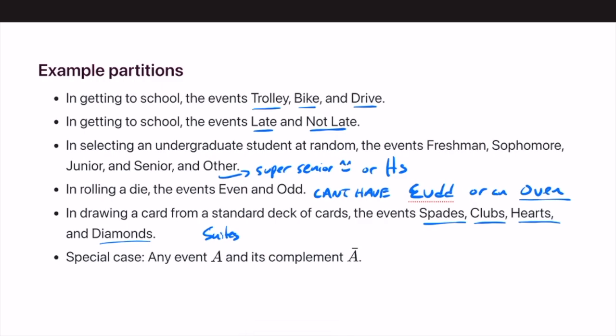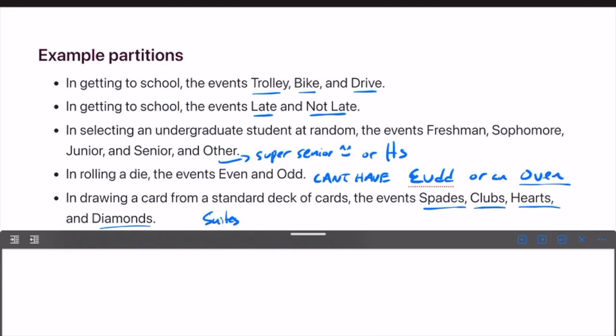Another one would be a special case: any event A and its complement.